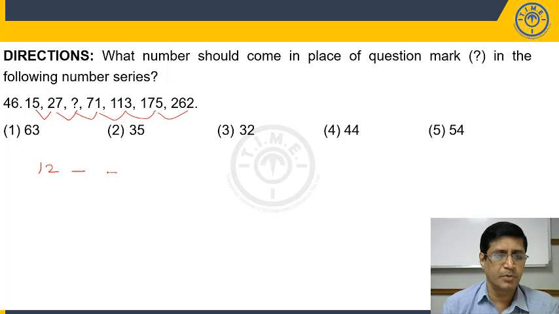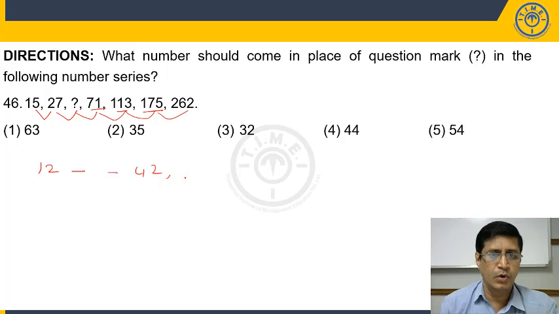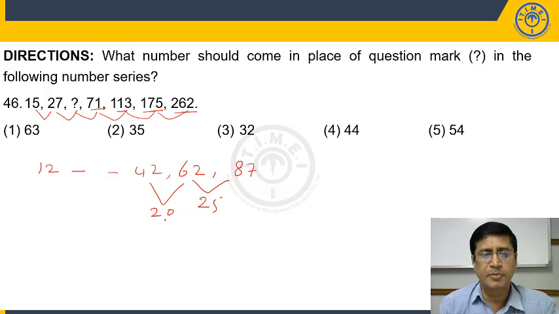Next one also it is not possible to find. Whereas if you observe the difference of these two values, it is 42. And what about the difference of 175 and 113? It is 62. And how much is the difference of these two numbers? It is 87. So it increases by how much? Here the difference is 25. Here the difference is 20. So what is maintained here? It is maintained by 5.